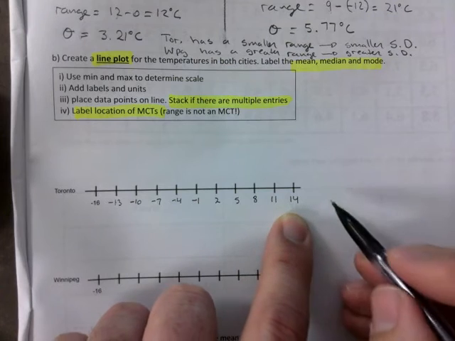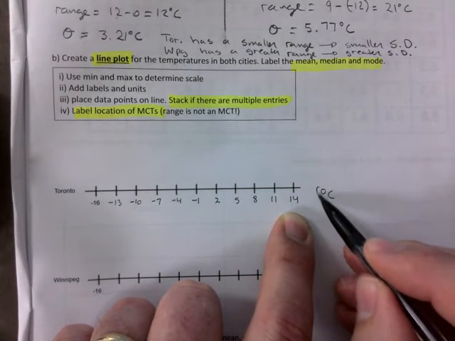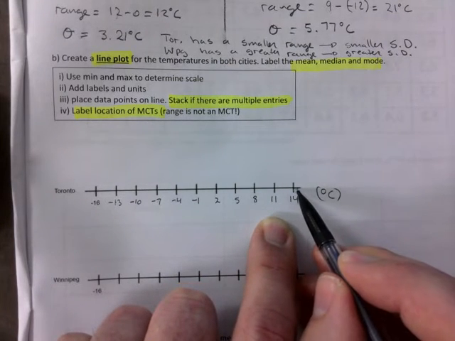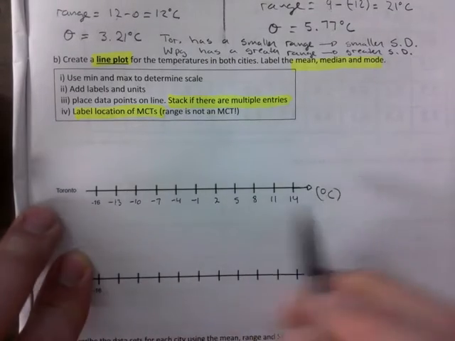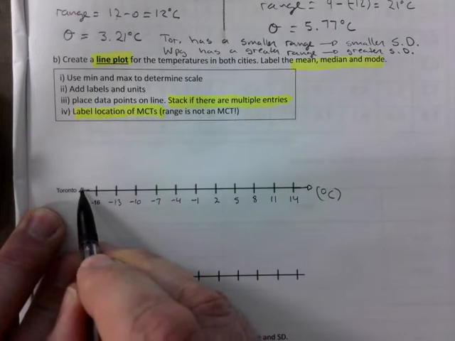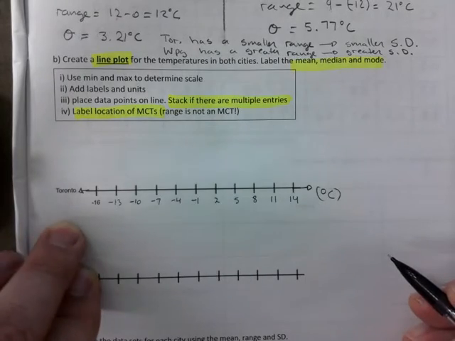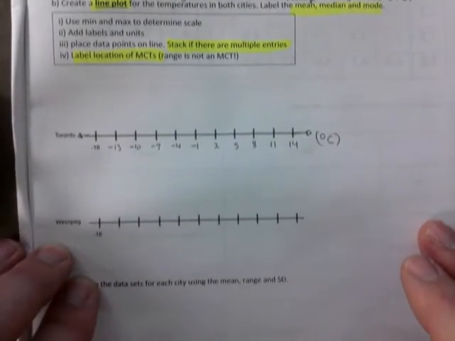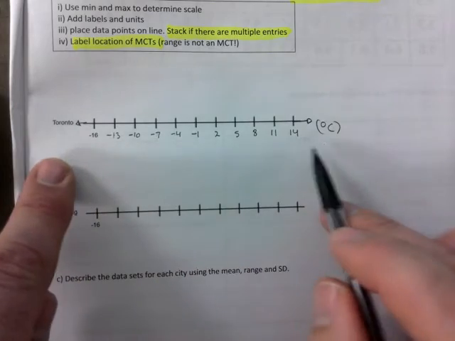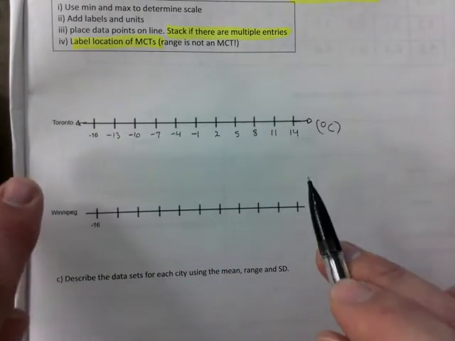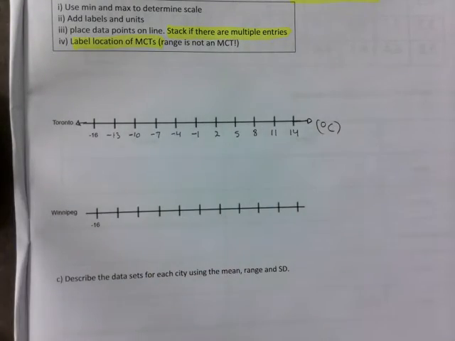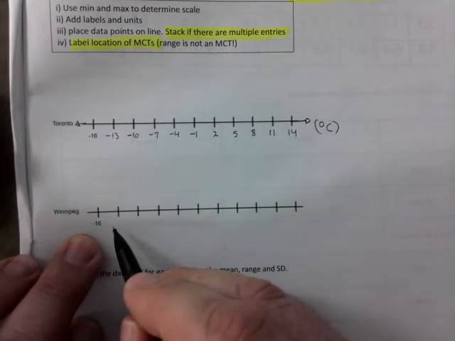So what are these? We are in degrees Celsius, so you put that down. You put an arrowhead on both ends. And we'll do the same thing for Winnipeg because I want them to both have the same scale so you can see what I mean by the range and by the standard deviation, how that shows.